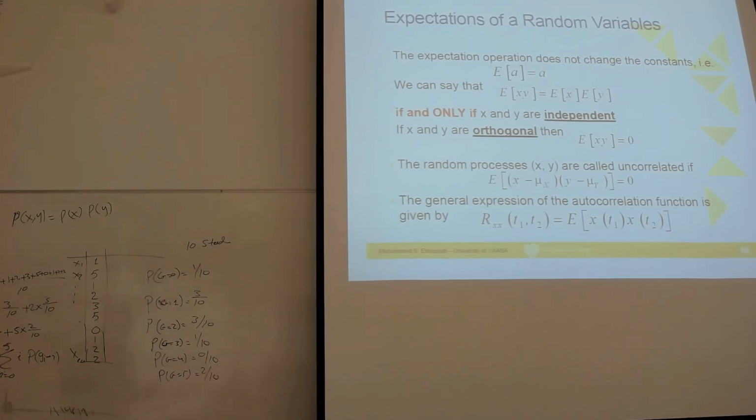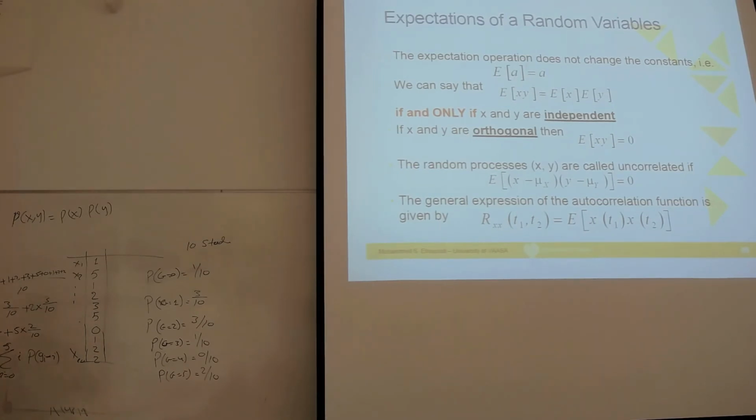If x and y are orthogonal, then the expectation of x times y equals 0. In the case that the mean of one of them is 0, it is the same as orthogonality. This is the reason they say independent random variables are orthogonal, but the converse is not necessarily true.